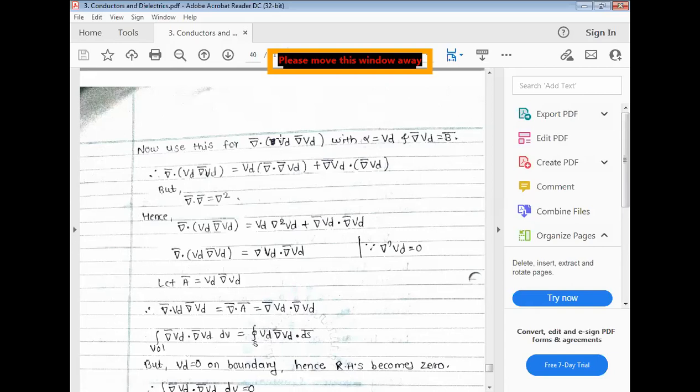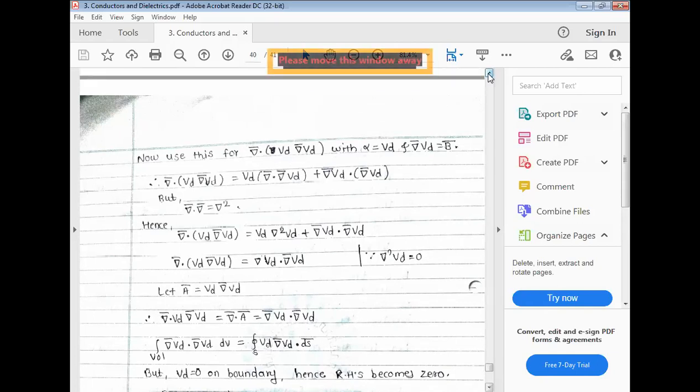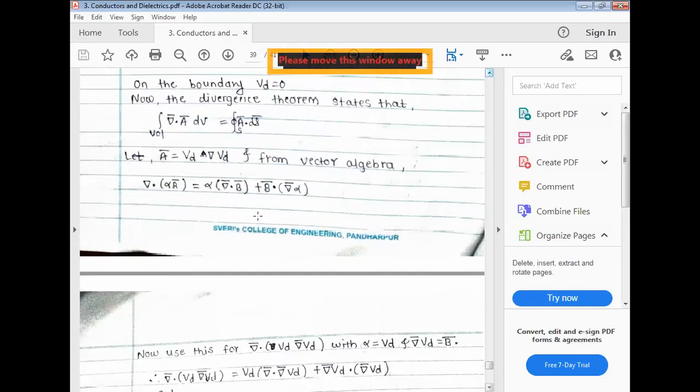Now this del dot, we have to find del dot A bar, which is the left hand side for the divergence theorem. So del dot Vd into del Vd means it is del dot A bar. Just see here, we have to find this side, del dot A bar.